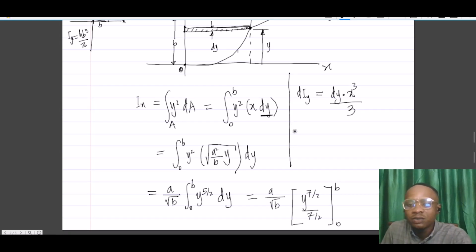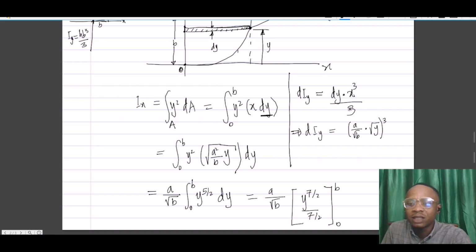So from this, our dIy will be equal to x to the power 3. Our x is root of a squared y over b, that is a over root b multiplying root y, all raised to the power 3.